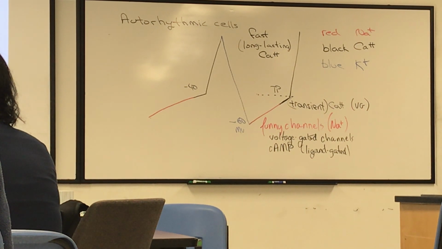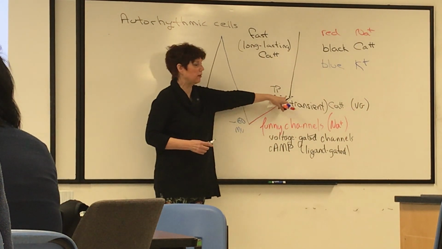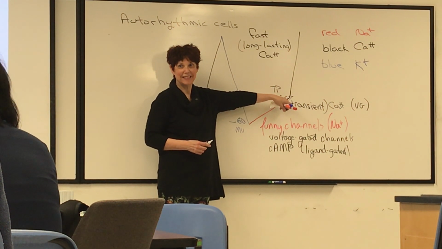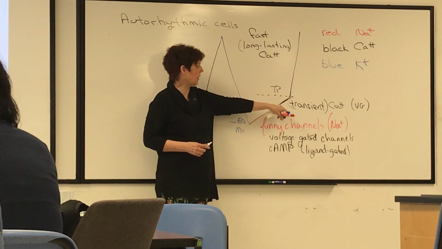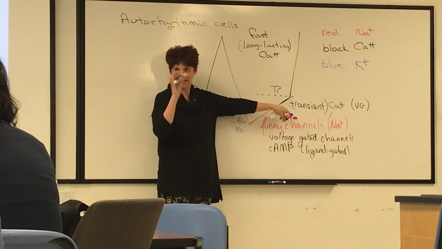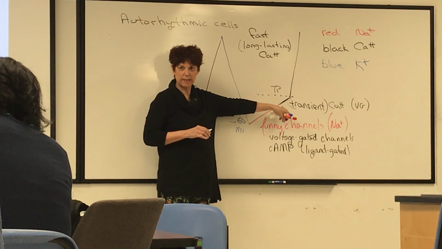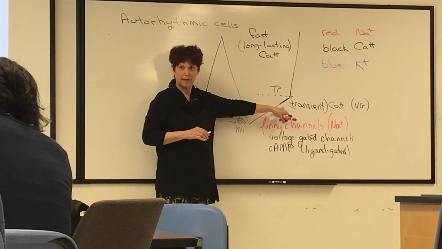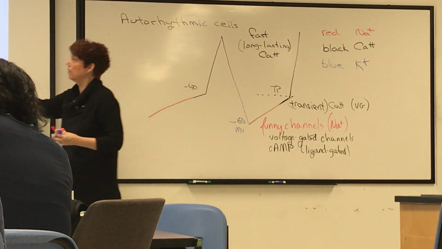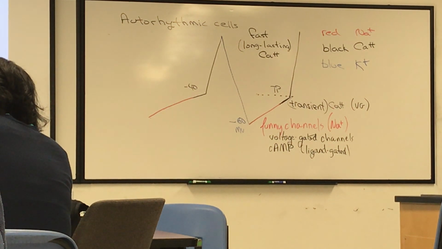When do the fast channels open? They open when the threshold of minus 40 is reached. But minus 40 is also when the transient open? No, the transient opens at about minus 45 or so, minus 50 to minus 45. The funny channels open at minus 60. Threshold is minus 40.